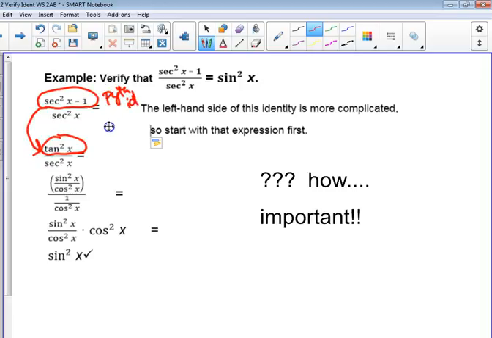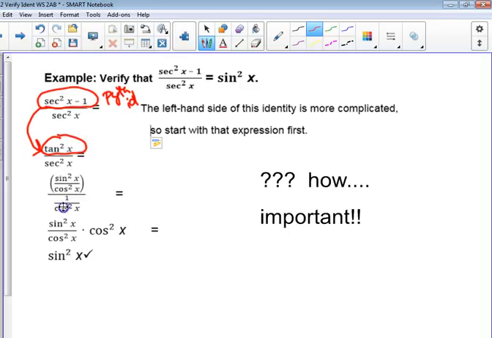Okay. It's on this blue sheet at the top, but you have to rearrange the middle one. Okay. See how it says 1 plus tangent squared equals secant squared? Well, that means if you move the 1 over to the other side, you'd get secant squared minus 1 equals tangent squared. Everybody okay? Anybody lost?